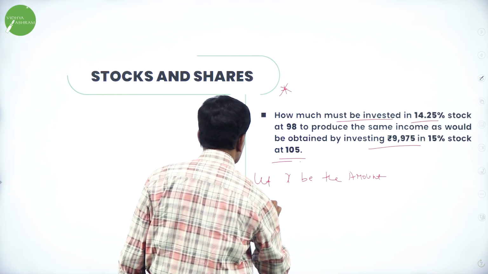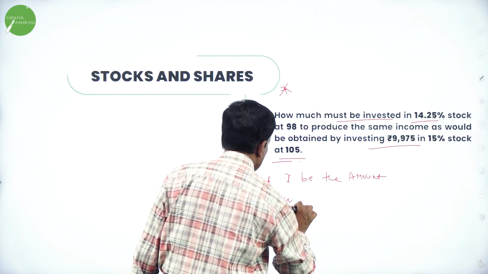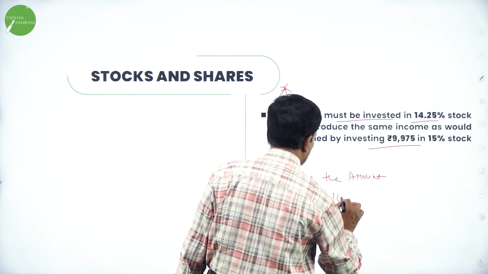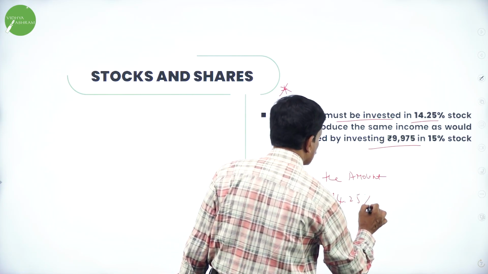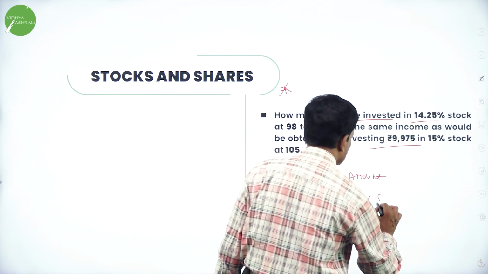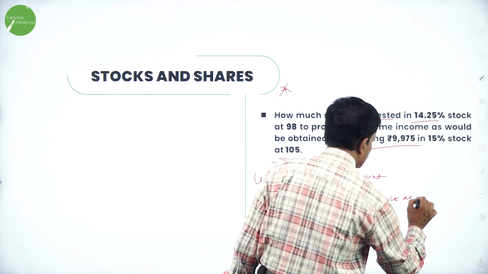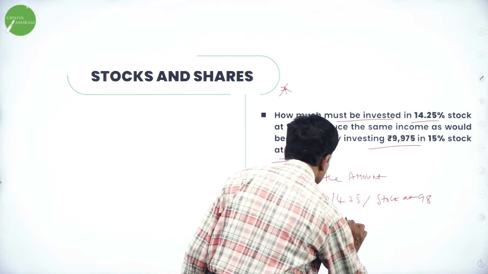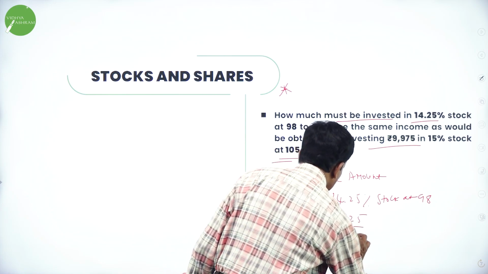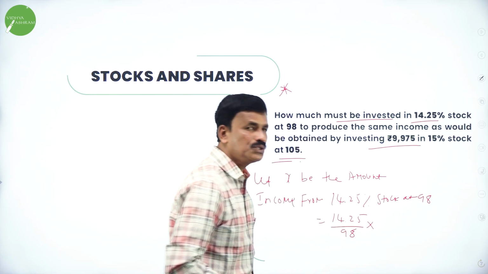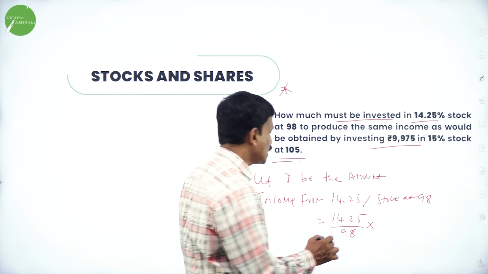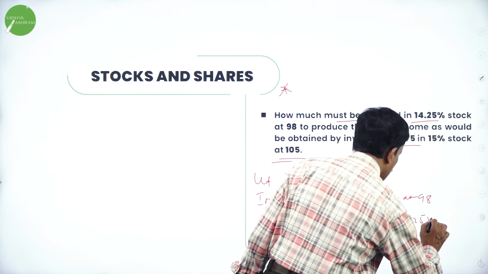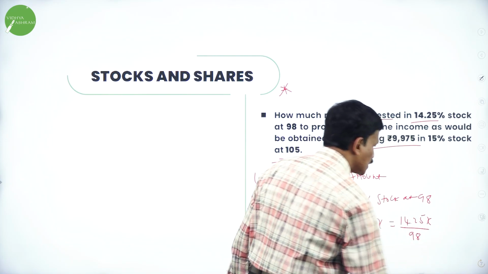Now, the income from 14.25% stock at 98 is equal to 14.25 divided by 98 into the amount X. So that's equal to 14.25x divided by 98.